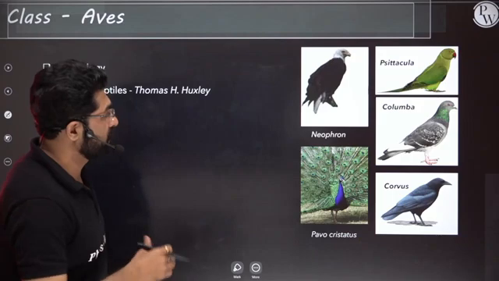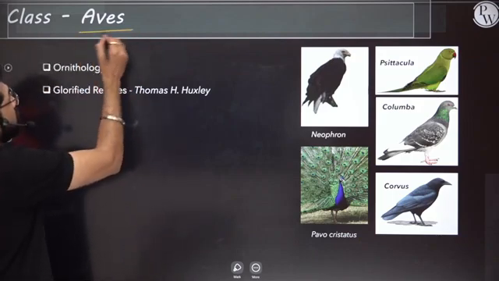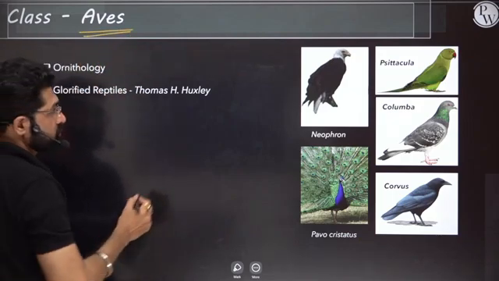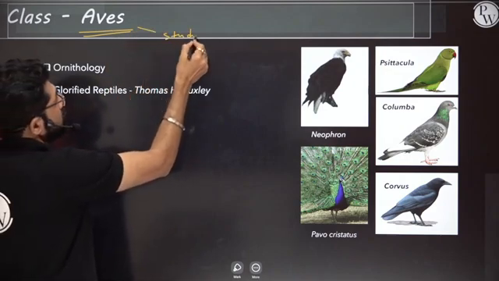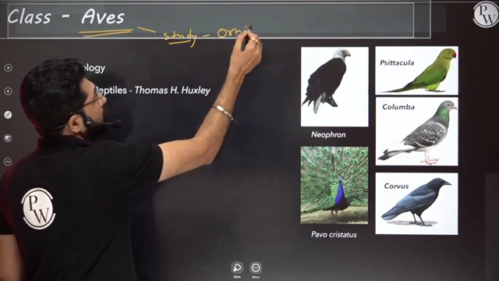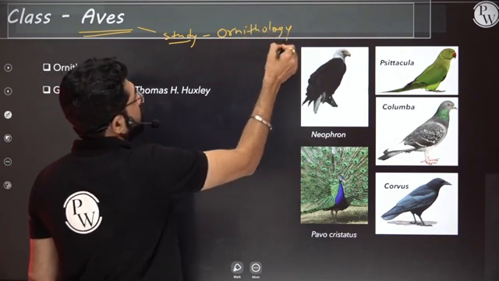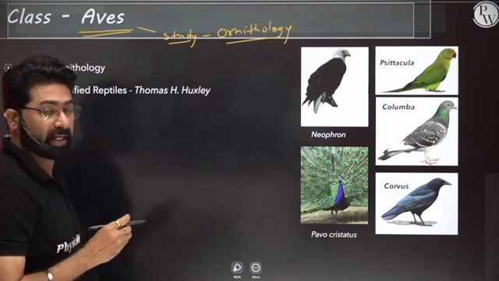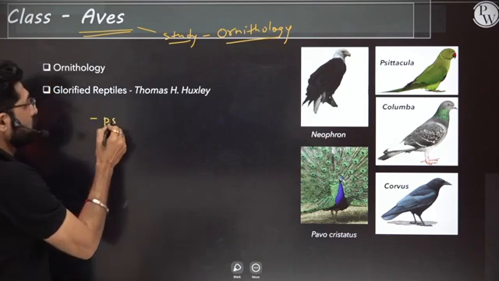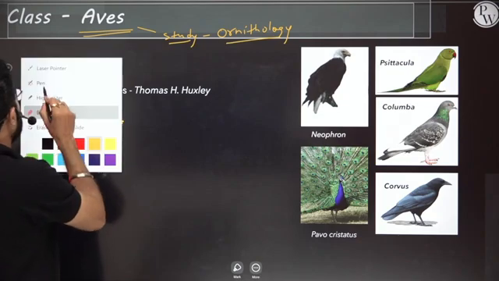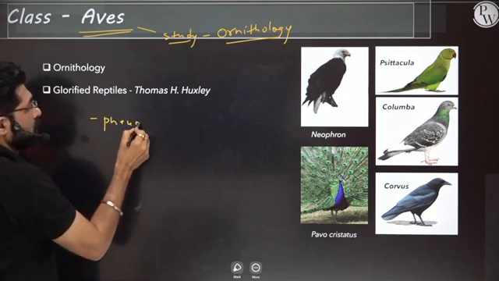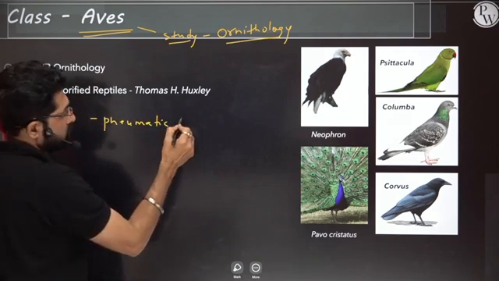Okay, so let's continue with the birds now. The class Aves. Study of Aves is called ornithology. Ornithology is the study of birds. They are characterized by pneumatic bones.